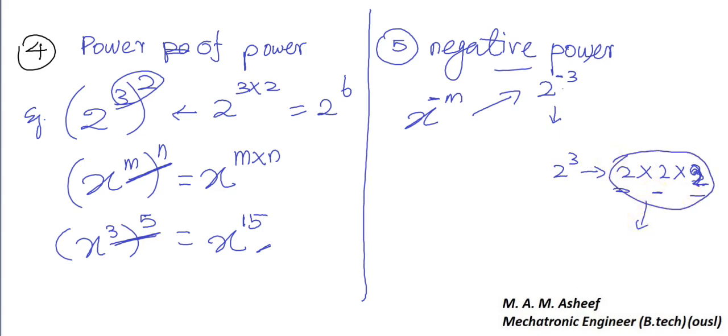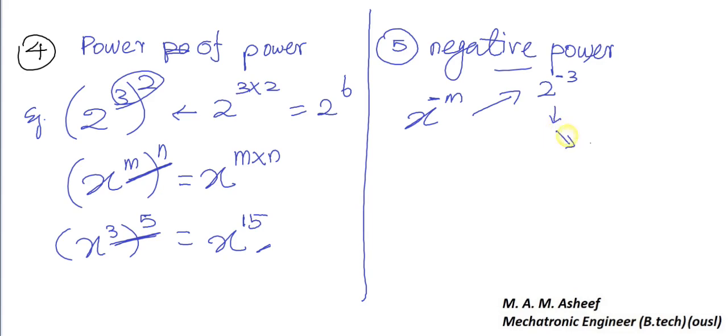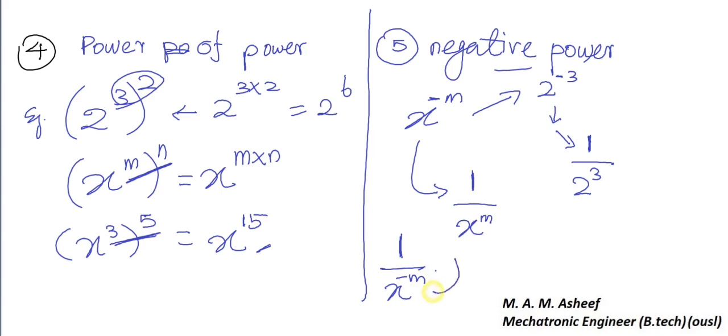But if it is minus 3, we cannot say it will be recurring minus times. So this kind of power will become reciprocal. So we will write this as 1 over 2 to the power 3. For example, x to the power minus m is 1 over x to the power m. If it is 1 over x to the power minus m, to make this plus, it will go up. So that will be x to the power m.